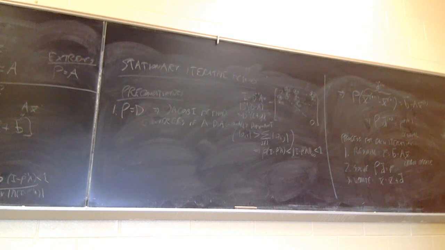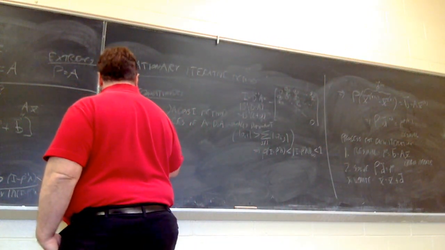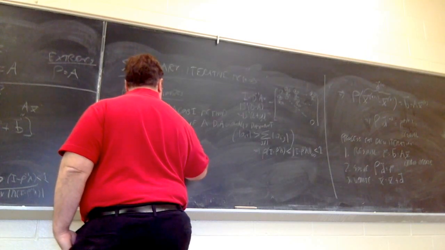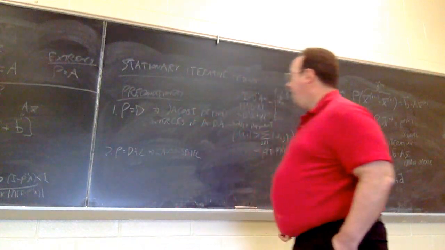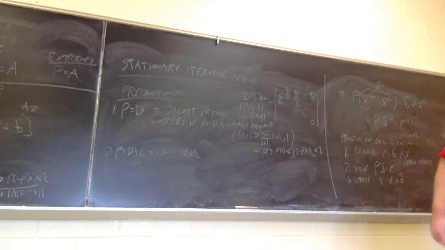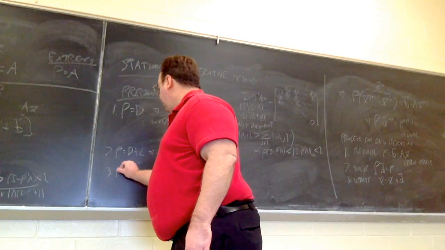Okay. So that's one choice. Another choice, as I mentioned earlier, P is equal to D plus L. That is the Gauss-Seidel method. This is really a special case, so I'll just talk about a more general case.